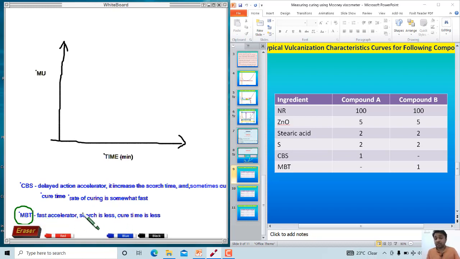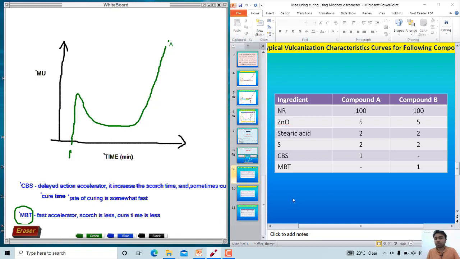If I take MBT first, we need to mark here 1 minute time. First it should show some initial torque, then the torque has to reduce and come to a minimum, and if it is MBT the rate is high. For compound A, this rate is high.